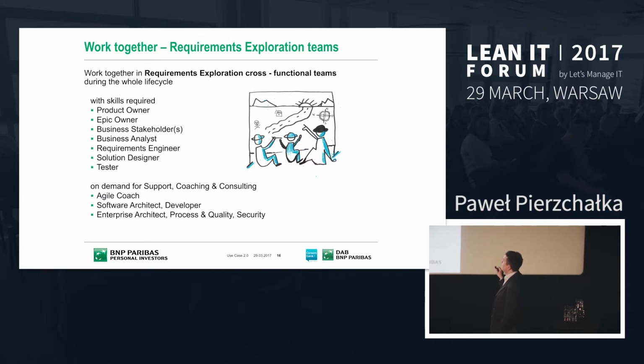The teams are cross-functional, so they have the representation of all the skills needed. We have product epic owners, stakeholders from the business, the business analyst, requirements engineer, solution designer, and tester. They work closely together during the whole life cycle of the product.